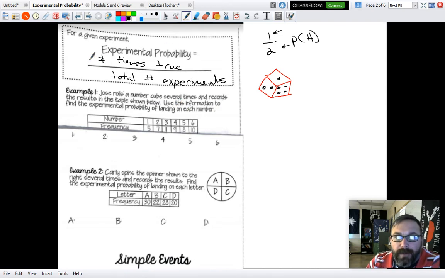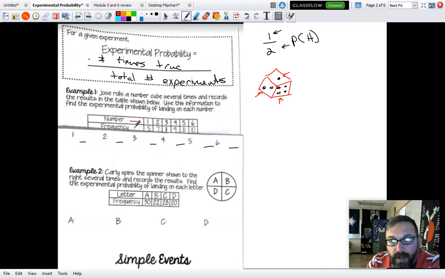Okay, well, remember the top part of our fraction, so each of these are going to have fractions. The top part of our fraction is always the number of times true. So let's look at this table. The number is going to refer to the number on the number cube. All right, so that's a number 1, that's a number 2, and then a number 4.